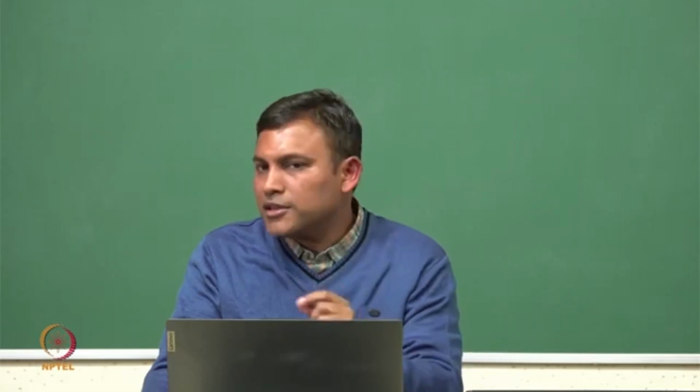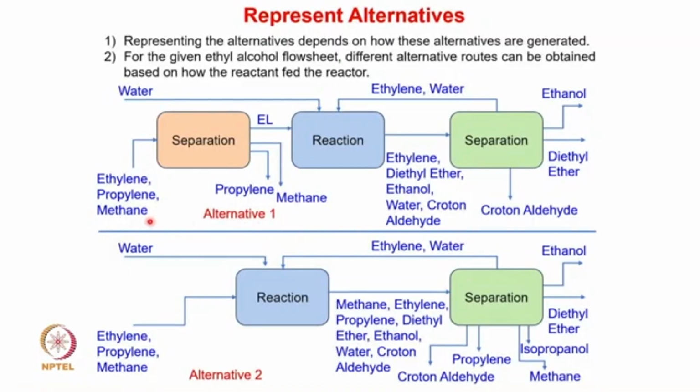remember that we can either separate the propylene and methane from the feed and then charge the pure ethylene to the reactor. This is alternative one, where you can see that the ethylene, propylene and methane feed is given to the separator, where the propylene and methane are separated and the pure ethylene is then charged to the reactor.